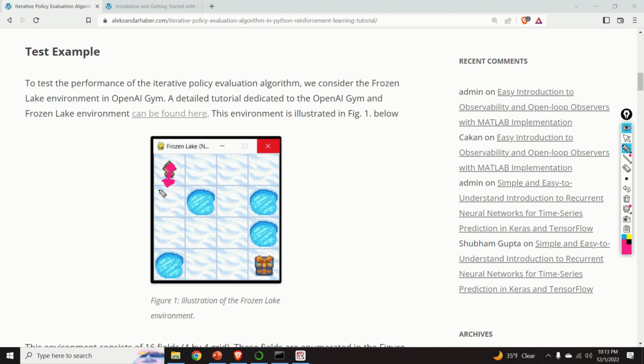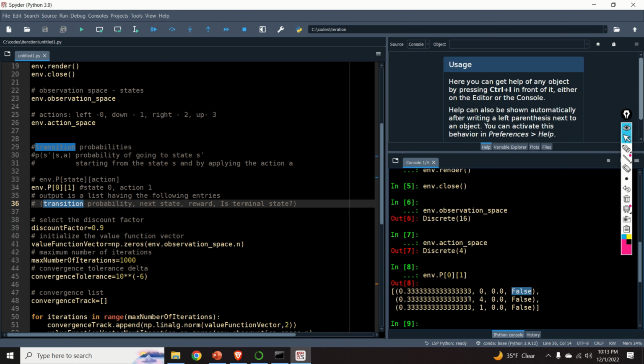Let us analyze the result. Here is the result. We obtain a list with 3 elements. The entries in every element should be interpreted as follows. This part over here is our transition probability. This part is the next state.